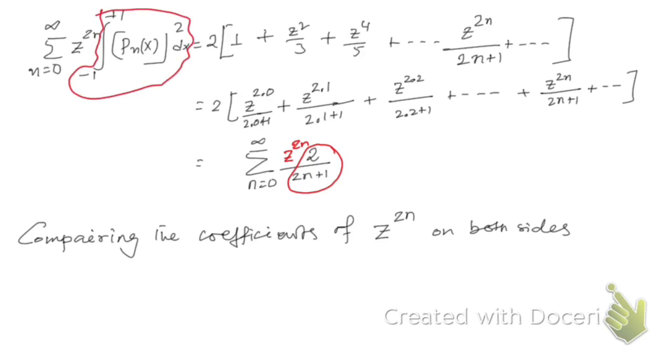So comparing the coefficients of z to the power twice n on both sides, we're going to have the integration from -1 to +1 of Pn of x whole square dx is equal to 2 divided by twice n plus 1. That's what we will get. Hope you have understood this. So this is what we needed to prove.